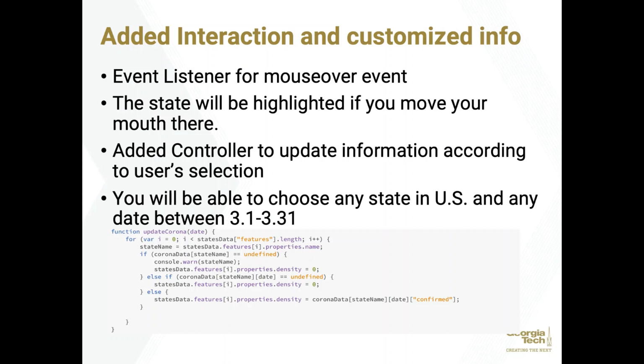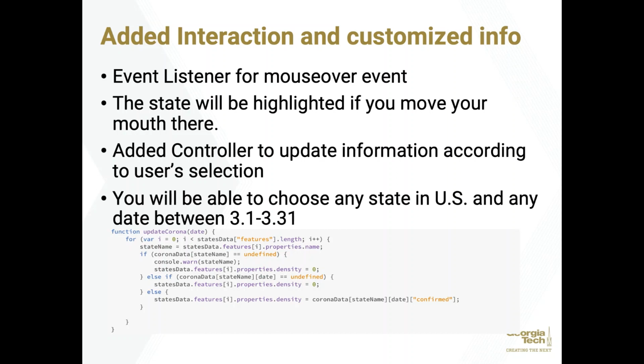Next, to make the website more user-friendly, I have added interaction and customized information. This was implemented via an event listener, which will monitor the mouse over event. Once the user moves the mouse to a state they are interested in, that state will be highlighted.